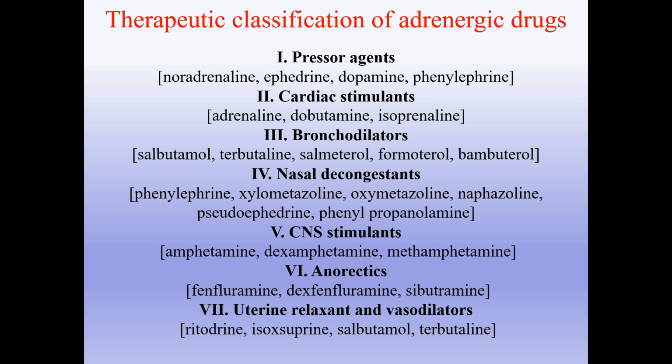Next is the therapeutic classification of adrenergic drugs. Pressor agents: noradrenaline, ephedrine, dopamine, phenylephrine. Cardiac stimulants: adrenaline, dobutamine, isoprenaline. Bronchodilators: salbutamol, terbutaline, salmeterol, formoterol, bambuterol.